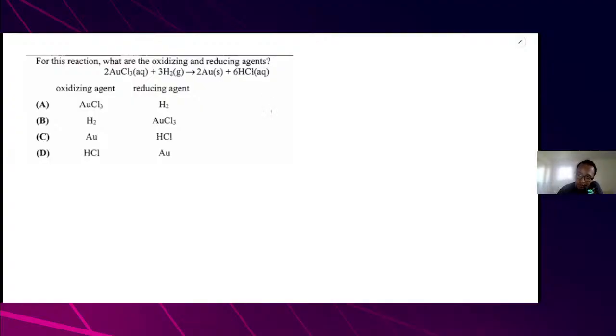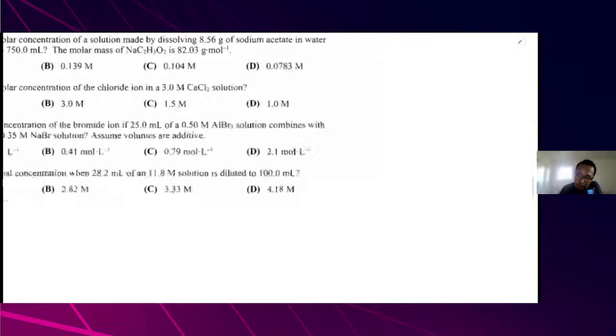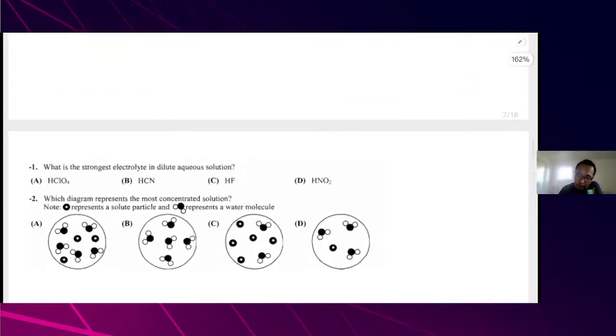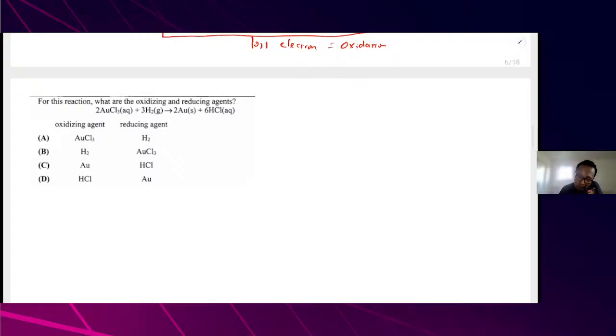Still the same concept, just focus on the reactants, guys. If you are getting confused, we can eliminate the ones that appear as products. Is there any HCl? Okay, this one is not correct. This one is incorrect again.